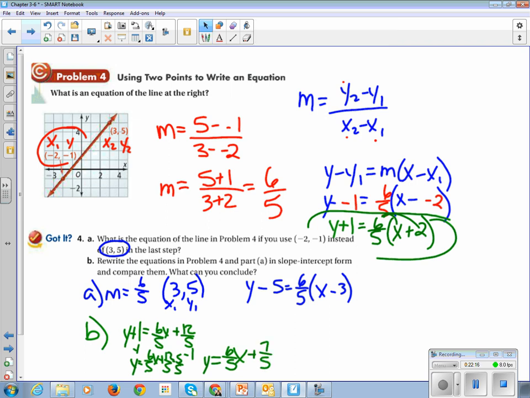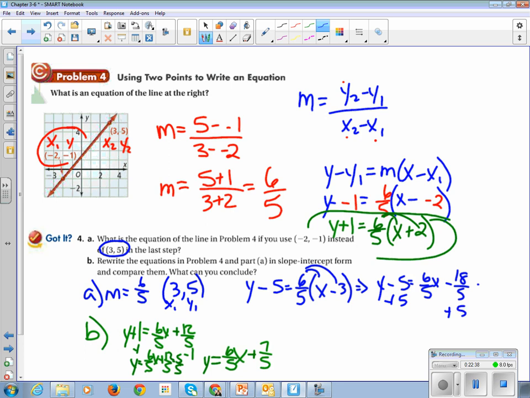Right, now I'm going to do the same thing with this guy. I'm going to distribute out the 6/5. So I get y minus 5 equals 6/5 x minus 18/5. I'm going to add 5 to both sides.